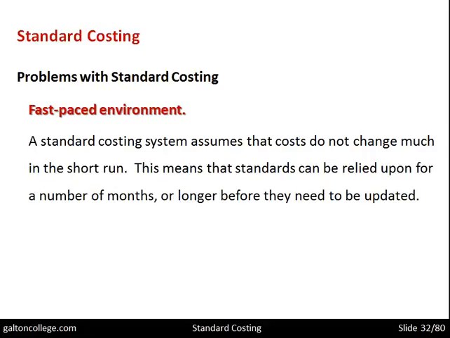The accountants can work out what the likely costs are going to be and use those in the expectation that over the period of the accounting cycle until the actual costs are discovered at the end, there's not going to be much variance or difference in the costs.